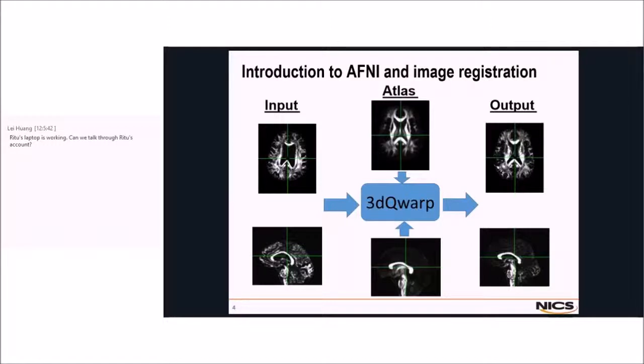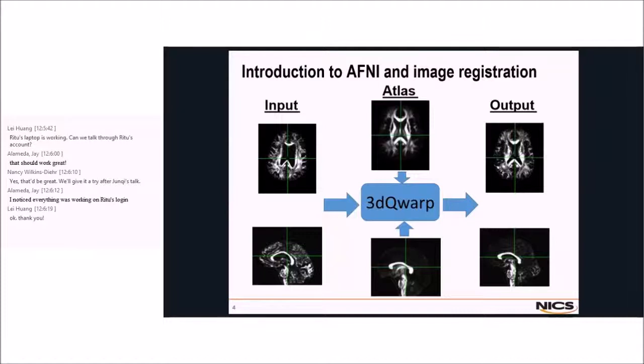When I say normalize, it's also called register, or warp the image. Basically, it registers your input image to a given template. Let's say, because different subjects could have different brain sizes, or when a subject is taking the MRI scan, he could tilt his head, etc.